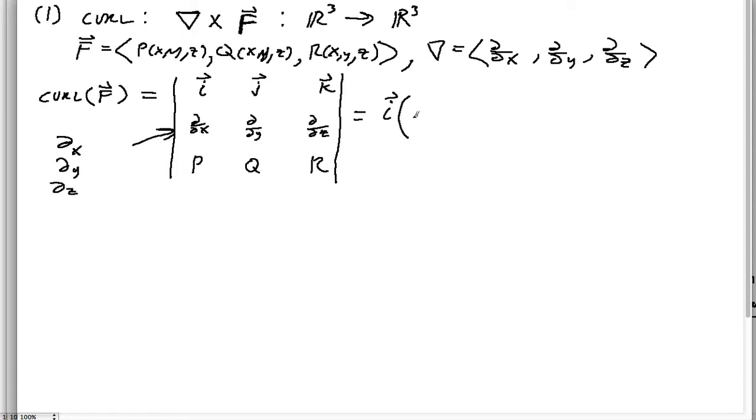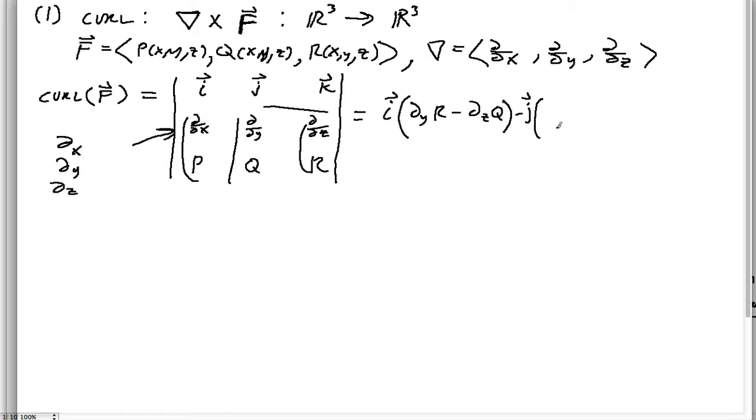So for the i component, we do the matrix minor: the partial of y of R minus the partial of z of Q, minus j.